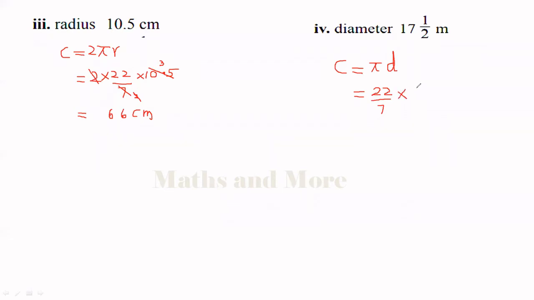Diameter is 17 and a half. C equals πD, π multiplied by diameter.